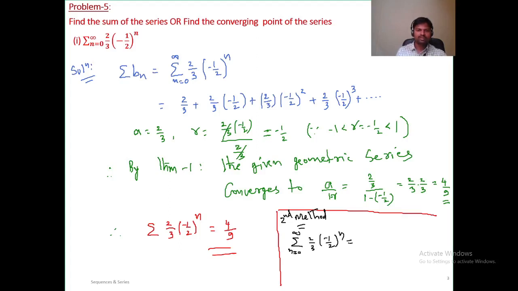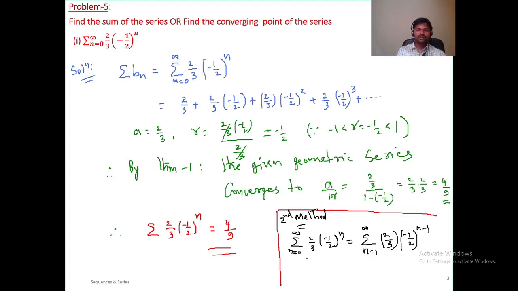This can be expressed as a series, instead of writing n is 0, let us write n is equal to 1 to infinity, 2 by 3 into minus 1 by 2 whole to the power of n minus 1. That's it, nothing else.